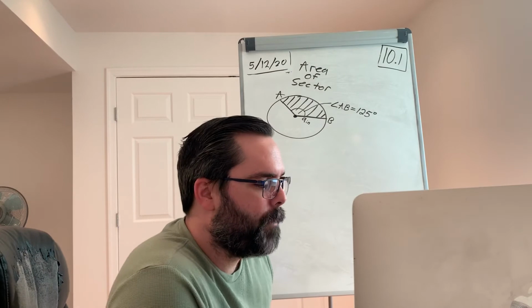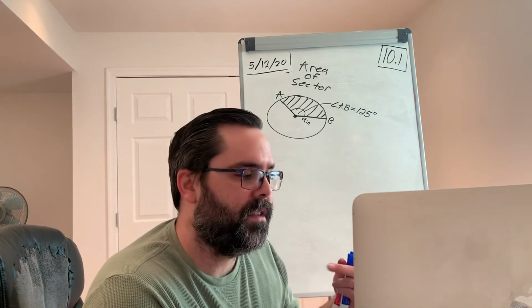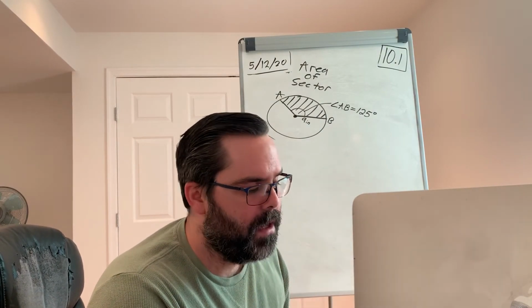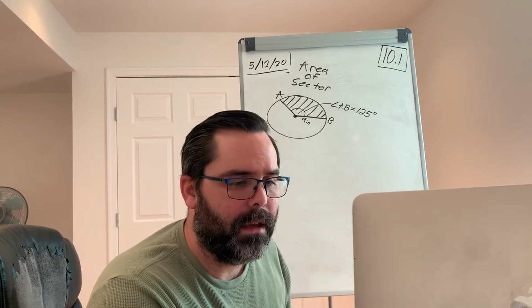Okay, so there's two ways to solve this. There's setting it up as a proportion, which I'm going to show you first, and then I'm going to give you the formula so you can use that later, okay?